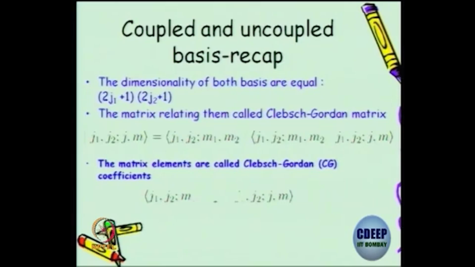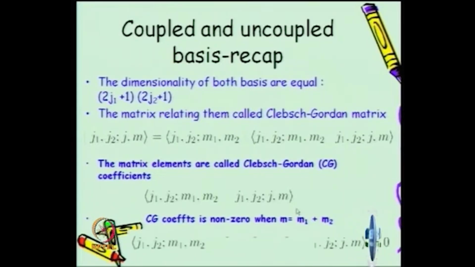So the matrix elements are the CG coefficients, and this we also checked in the last lecture. The coefficient is non-zero only when the sum of the magnetic quantum numbers of the uncoupled basis adds up to the magnetic quantum number of the coupled basis. This I said you can work out by taking the total angular momentum minus the individual z-component angular momenta.